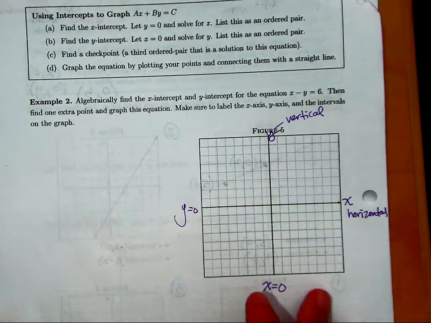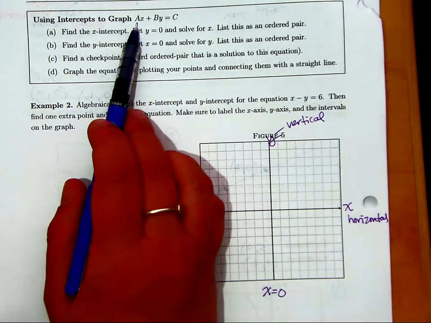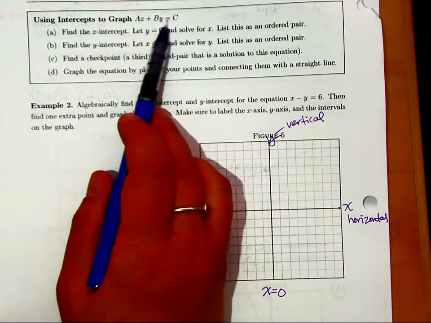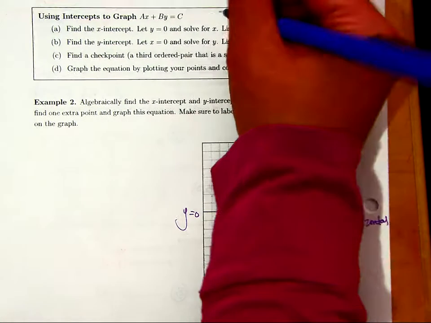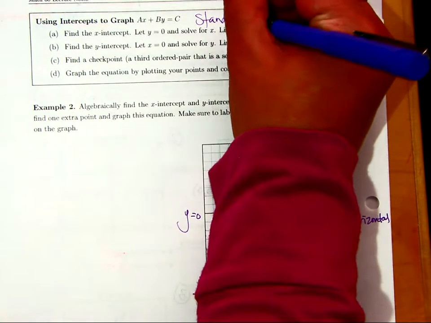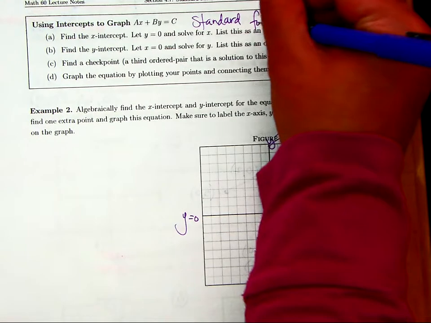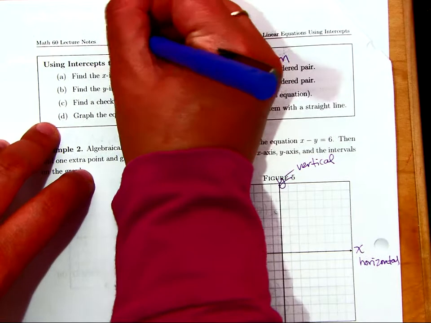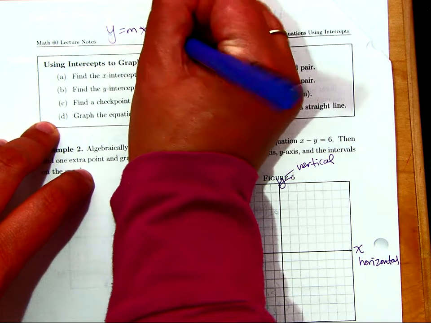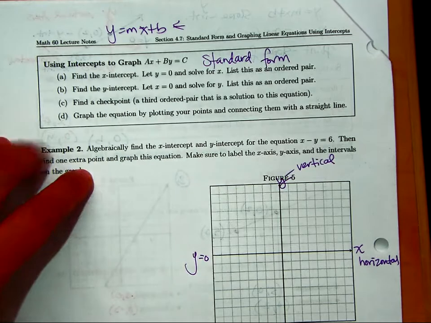Okay, so using the intercepts to graph, what is this form of a linear equation right here? This is called the standard form. Good. And you notice it's different. It's not the same as y equals mx plus b. What's this form called?